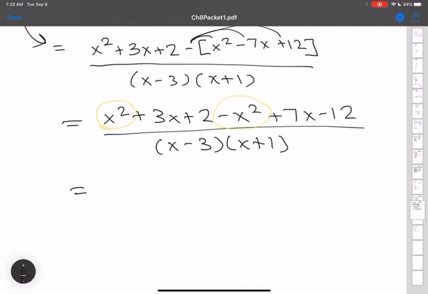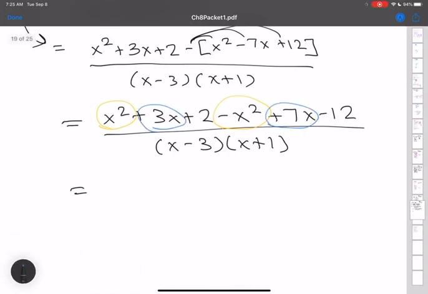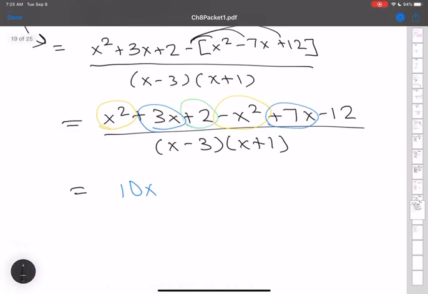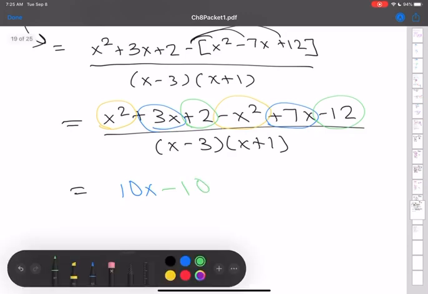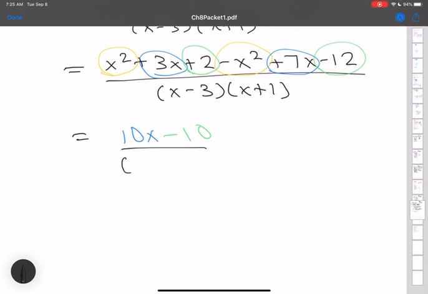So I don't have any x squareds. Any x's? Looks like we have a 3x and a 7x, so it's 10x. And then I have a positive 2 and a negative 12, so it's going to be a minus 10. Remember, bring down that denominator.